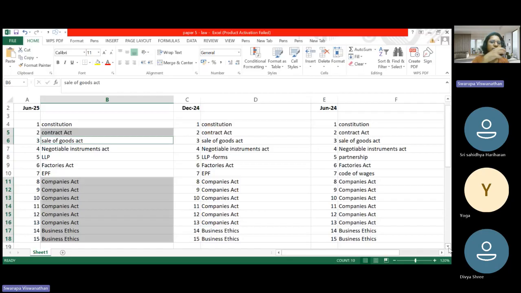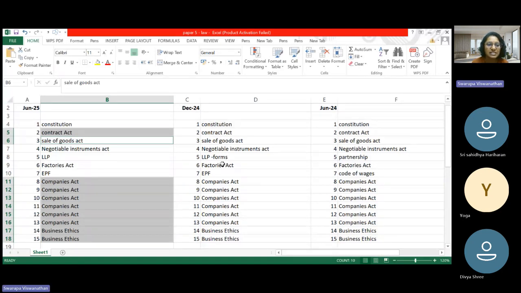It is not that we study little of all the acts, a bit of Factories Act, some portions of Partnership Act, some portions of Code of Wages, some portions of Companies Act. That strategy will not help us to clear the paper. See which topics give you maximum marks, and cover all the components of that act so that even if a question comes from anywhere in the act, you are in a position to answer.